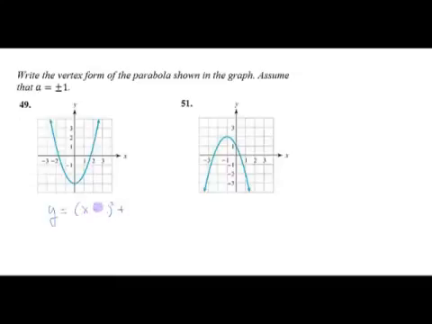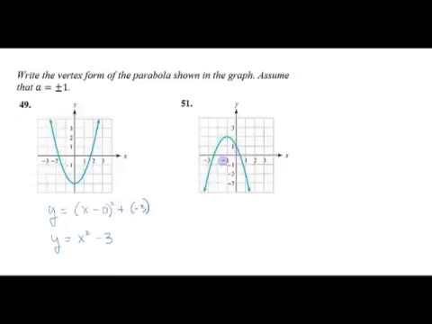So x minus, how much did it move left or right? It didn't move left or right any, so that's going to be a 0. And let's get the k. K is how much it moved up or down, and it moved down 3 spaces, so it's going to be a minus 3. So if I want to simplify this, it'd be y equals x squared, no need to put that, and a plus a negative 3 would be minus 3.